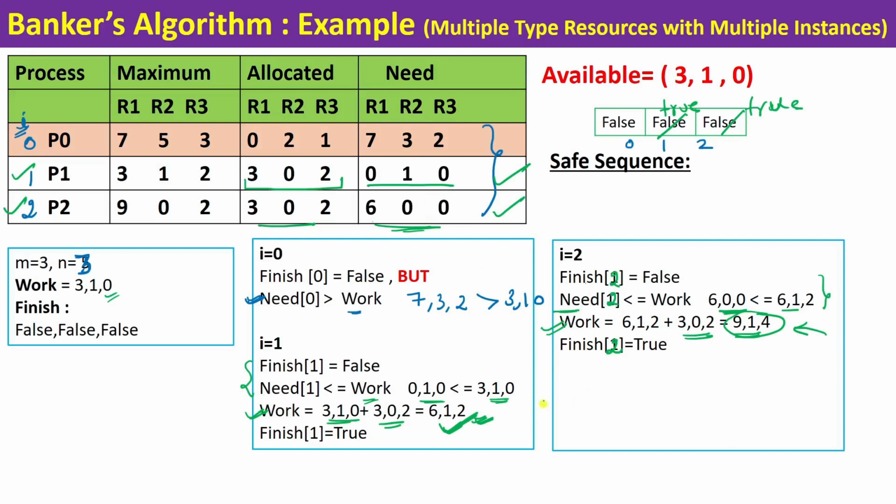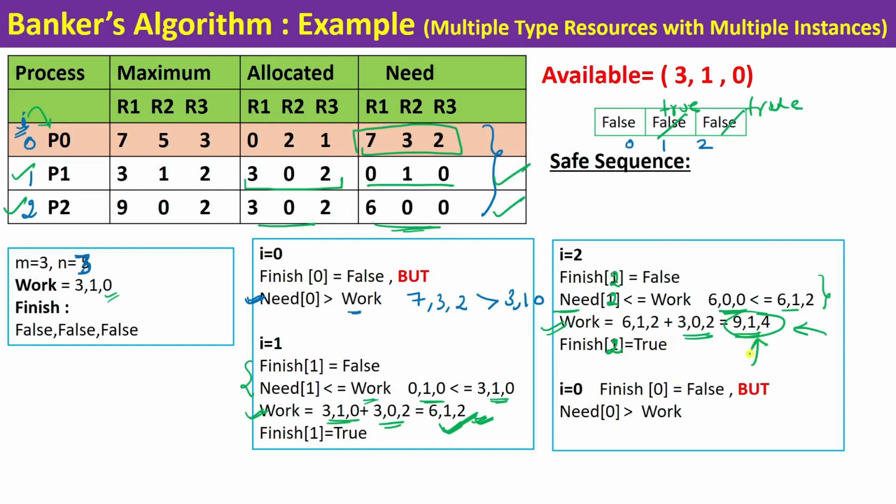Now again we have to go with P0 because it is not yet completed. Its need has not been satisfied. So let's again go with i equal to 0 and see finish of 0 is false. That is okay, but need of P0 is greater than your work.